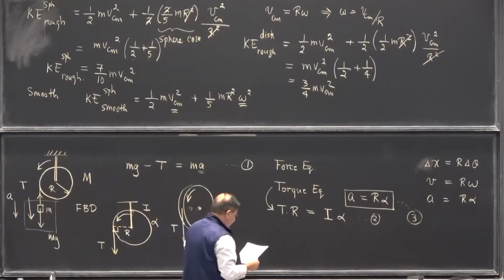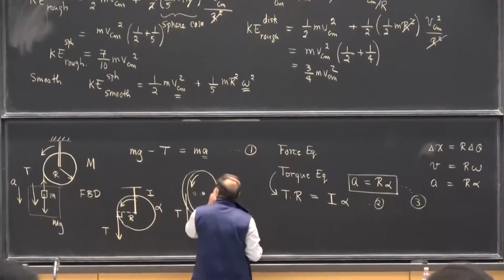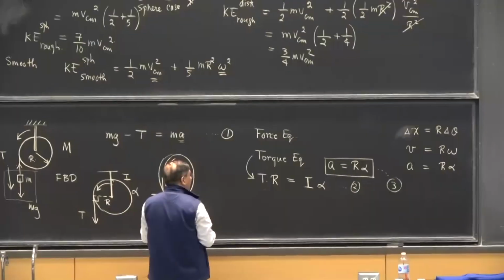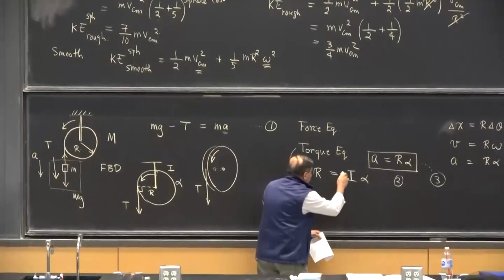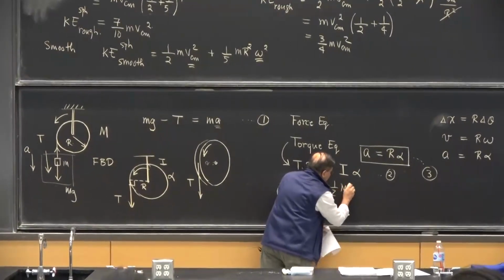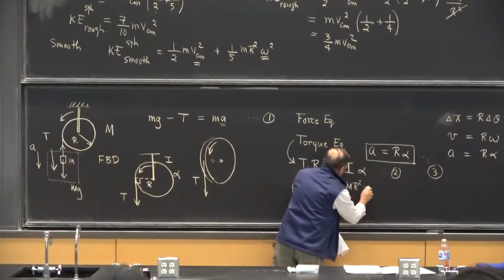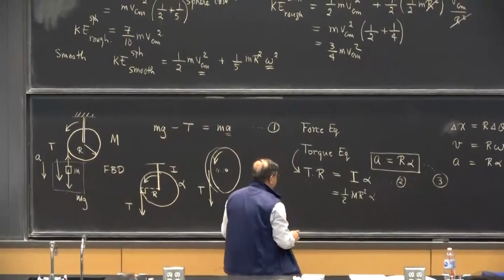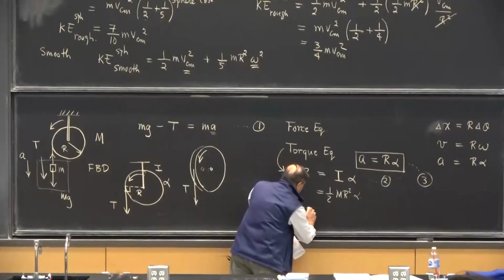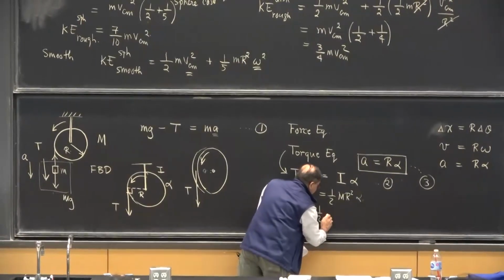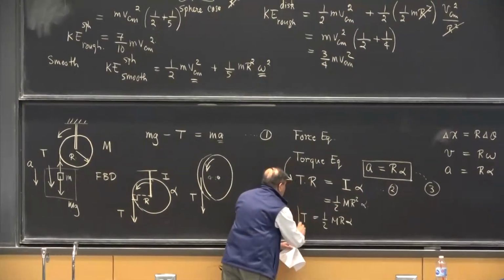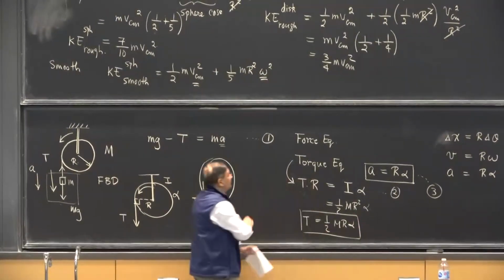So now let's see. We have this equation and that equation, and we now should be able to do some work. This is a disk here, so it's 1/2 big M times R squared times alpha, right? So therefore, I can write the tension T as 1/2 M times R times alpha, because one of these R's would go away, right?